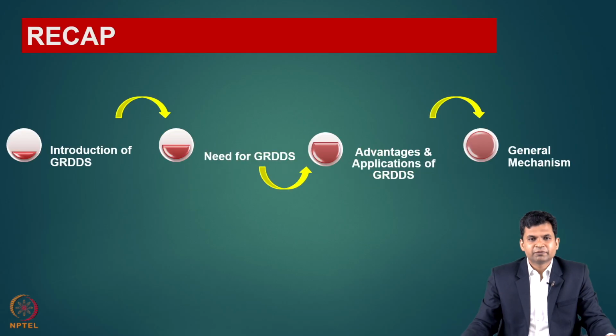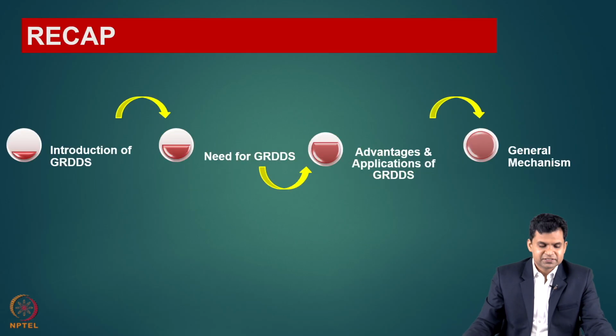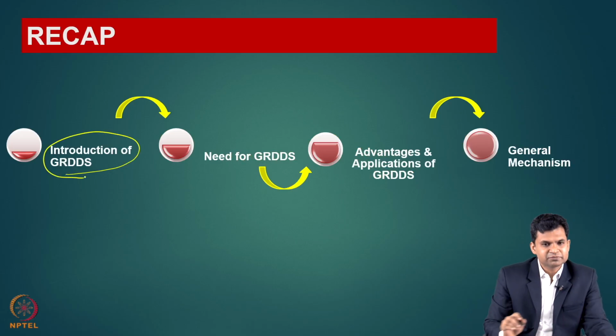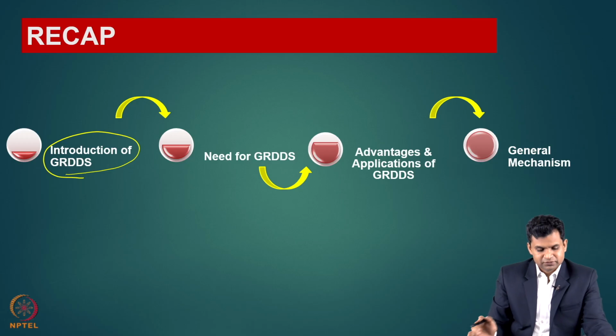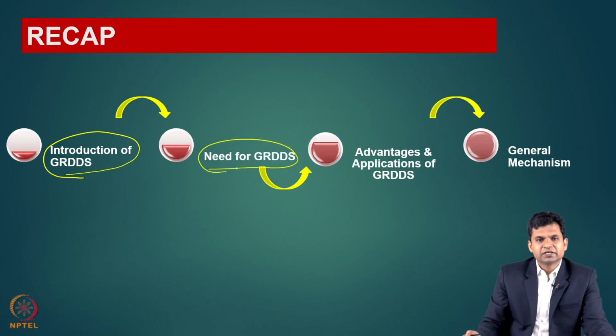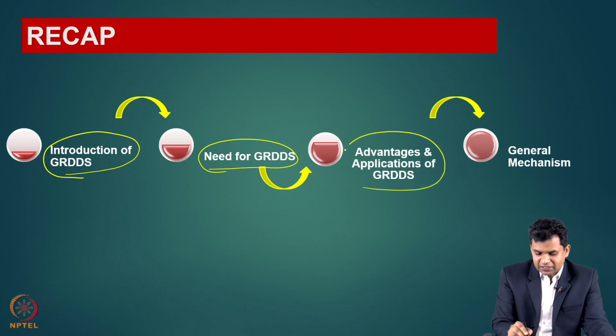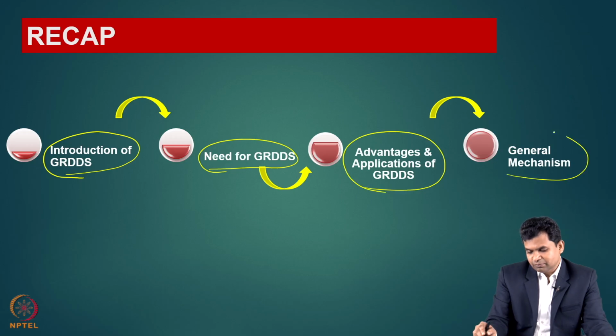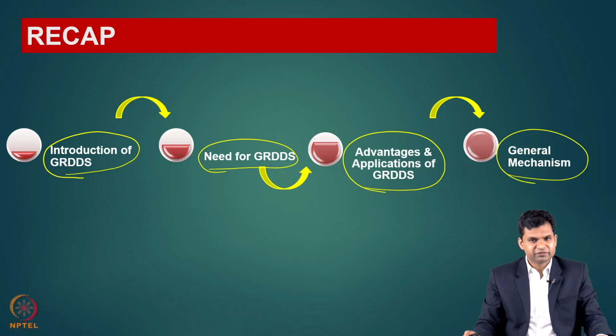We discussed what gastroretentive drug delivery systems are, and then we learned the need for them. We saw the various advantages and applications, and further discussed the mechanisms involved in these systems.